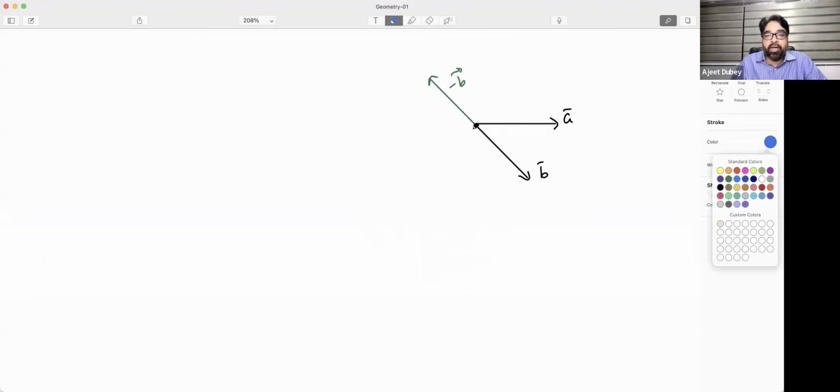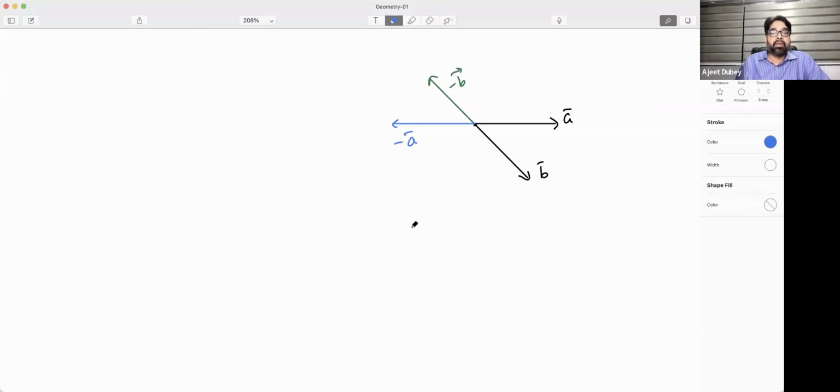That also we can locate. This is the same length, but on the opposite side, minus A. I'm sure everybody is able to understand. This is the way we structure position vector, non-position vector, parallel vector, anti-parallel vector. Two things we discussed: what does it mean by position, non-position, and what does it mean by parallel, non-parallel, and anti-parallel vectors?